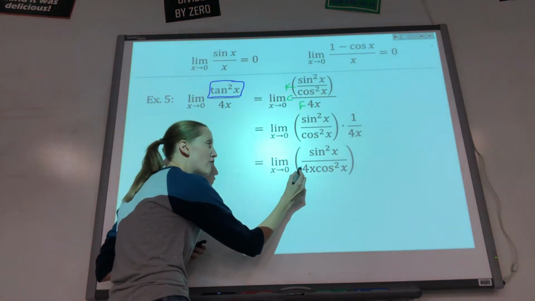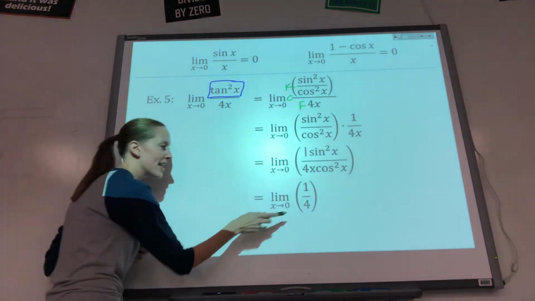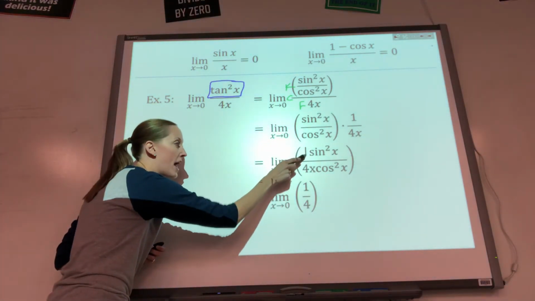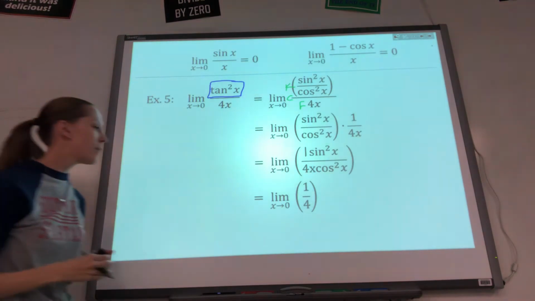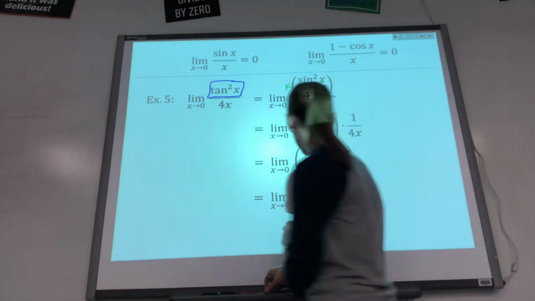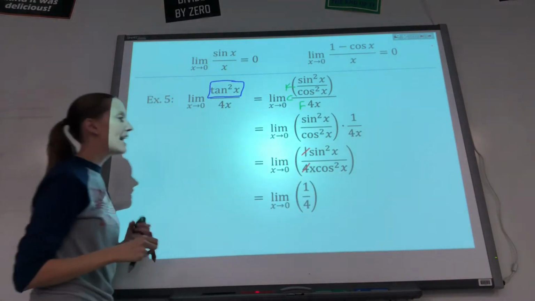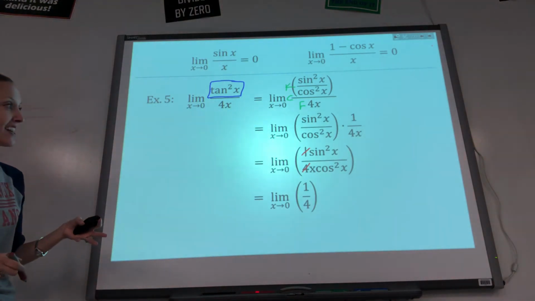I see this 4 on bottom. And if you think of a 1 being on top, you could pull that out front as a 1/4. Now I'm just going to start crossing stuff out as I use it.